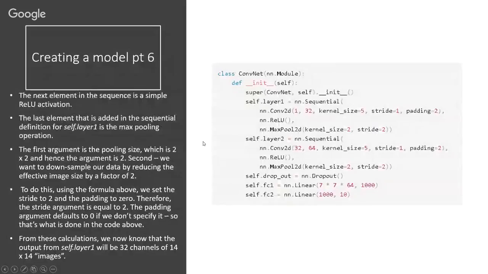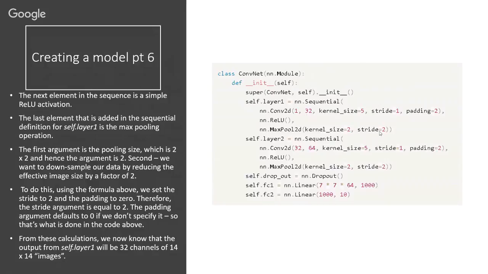The next element in the sequence is a ReLU activation. The last element that is added to the sequential definition for self.layer1 is the max pooling, as you can see, with a kernel size of 2 and a stride of 2. The first argument is the pooling size, which is 2 by 2, and hence the argument is 2. Second, we want to downsample the data by reducing the effective image size by a factor of 2.